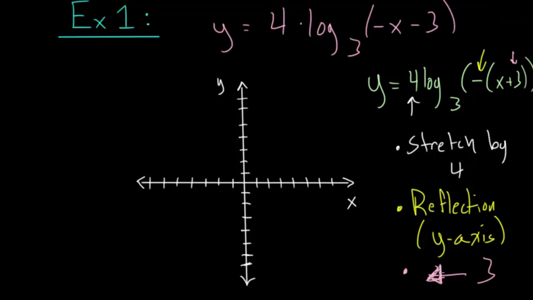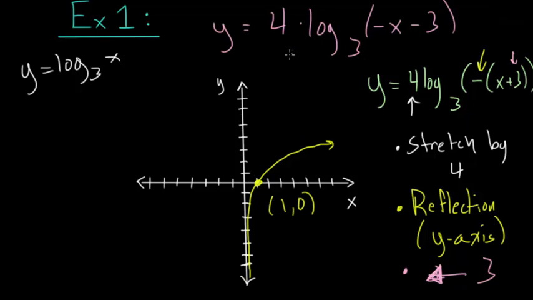To actually graph this, now that we have all the transformations, I'm always going to start with my parent function, y equals log base 3 of x. We looked at base 2 in the previous example, but in all honesty, they look almost exactly the same. Their points are just slightly shifted. If I quickly draw this graph, it looks something like this, and it's got this key point (1, 0).